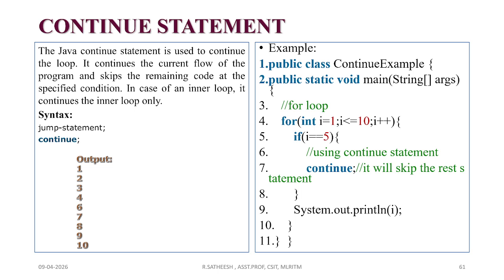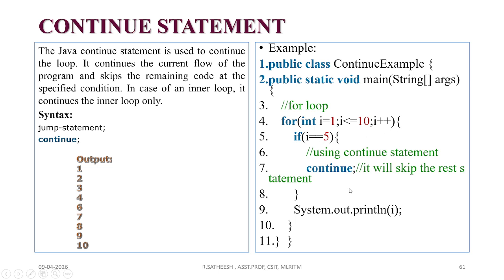Now continue. Continue is nothing but it skips or ignores the specified condition. So now let us see the program. i equal to 0, i less than 10, i plus plus, i equal to 5.